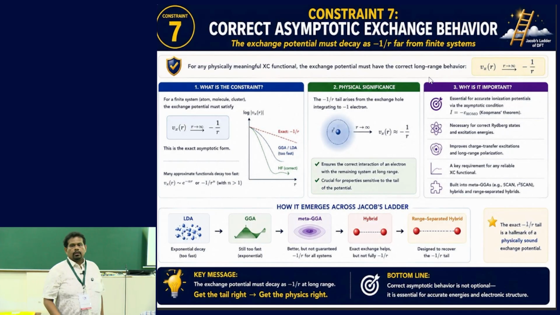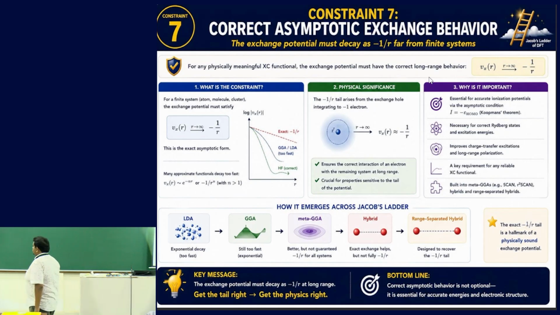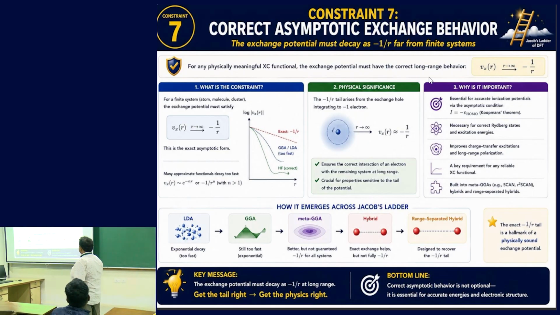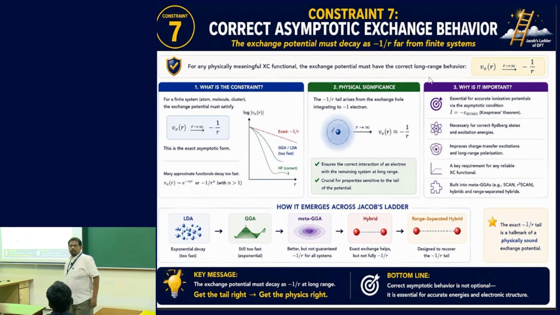But the actual scenario is that it should go like minus 1 upon r. Why is it required? If you look at here, this is the exact behavior. This is the GGA, LDA kind of thing, and this is the Hartree-Fock. Why is Hartree-Fock useful? Why is it called exact exchange? Because it has this minus 1 upon r, the correct asymptotic behavior.